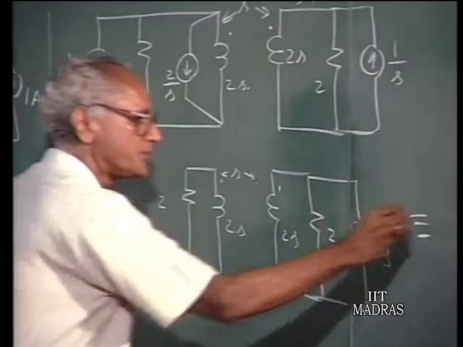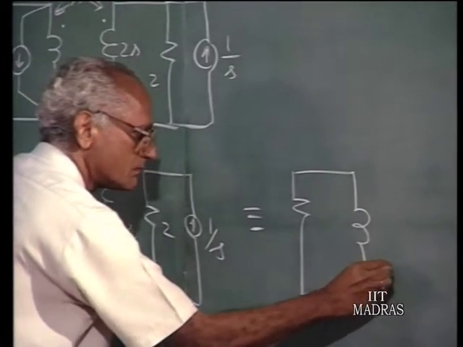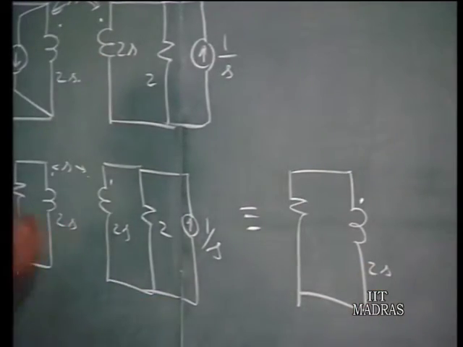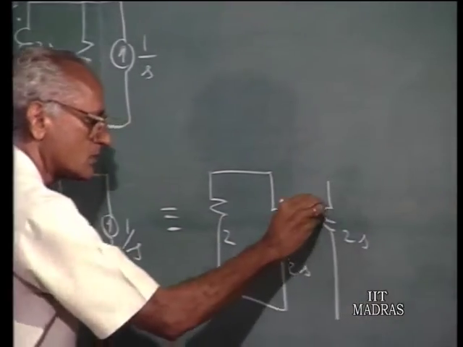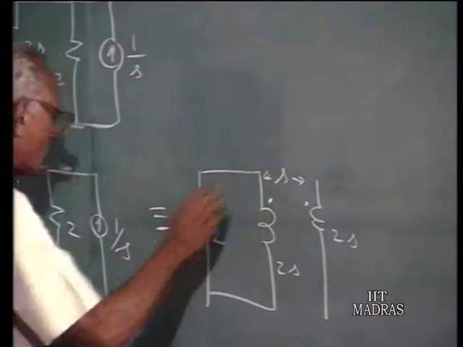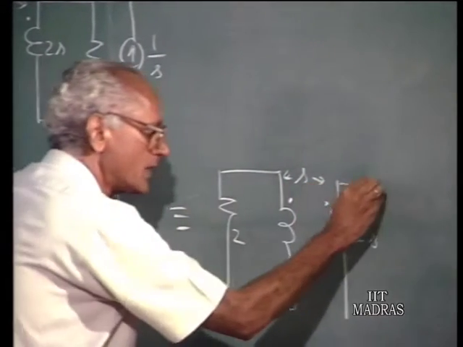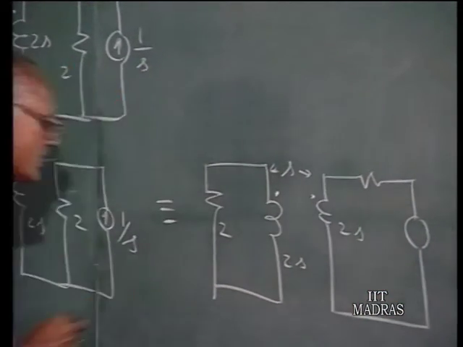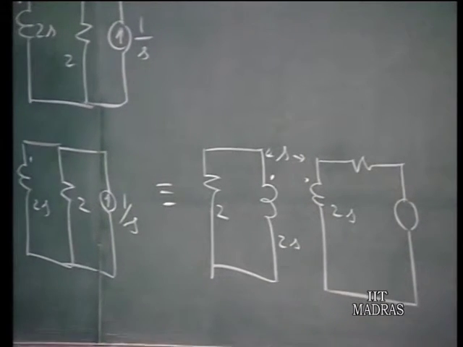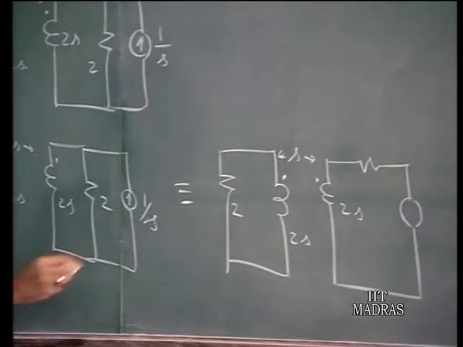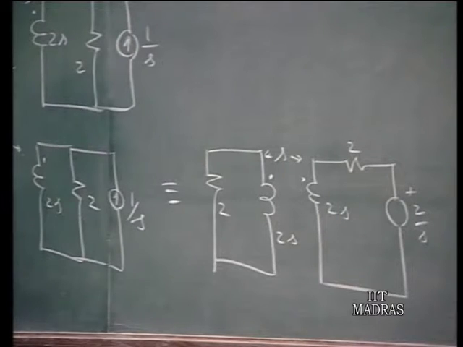So, this is equivalent to 2 ohms, 2S, this is 2 again, generalized impedance 2 ohms, 2S, coupling term of S. Now, a current source in parallel with a resistance can be replaced by an equivalent voltage source in series with a resistance, and the strength of the voltage source, just as you use Thevenin Norton equivalents in DC circuits, is the multiplication of these two, so this becomes 2 by S. So, you have a voltage source 2 by S in series with a generalized impedance 2.